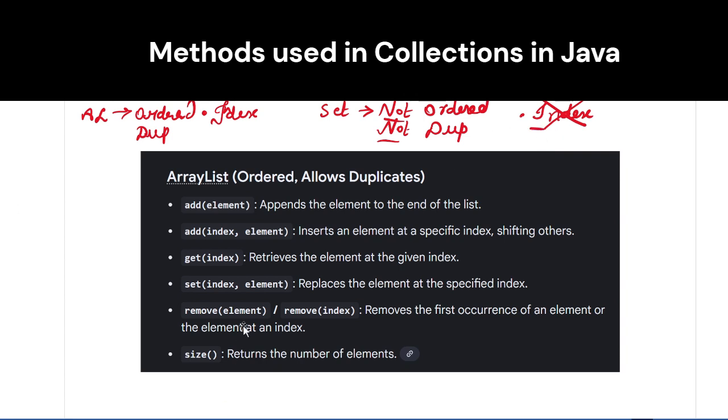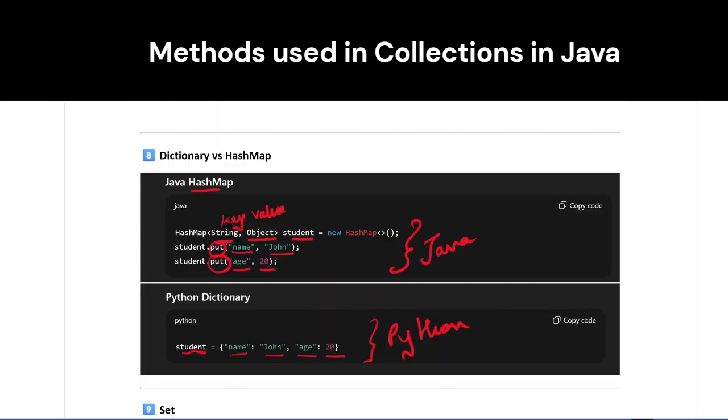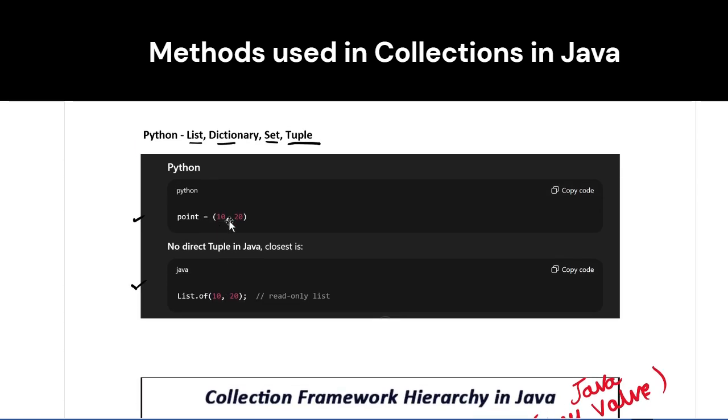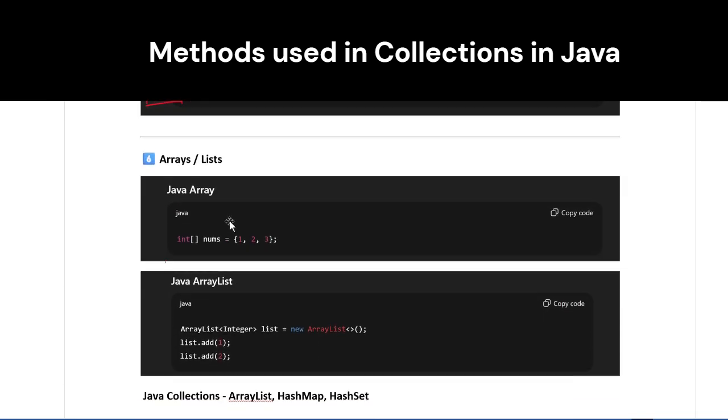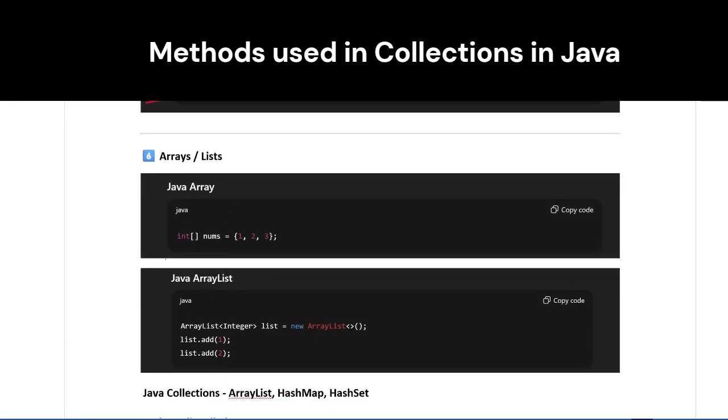Okay, let's proceed. Remember how we had added an element in ArrayList in our above example? I'm talking about Java here. So list.add and then the particular element.